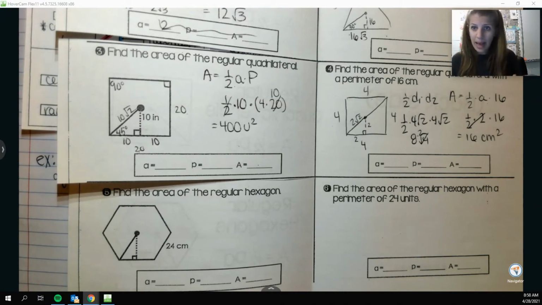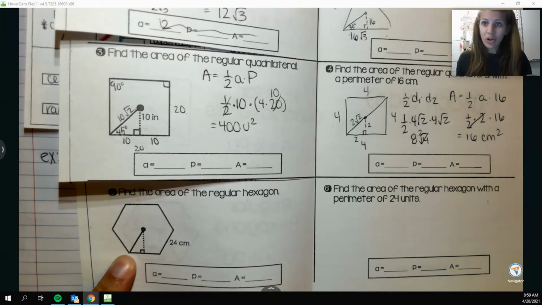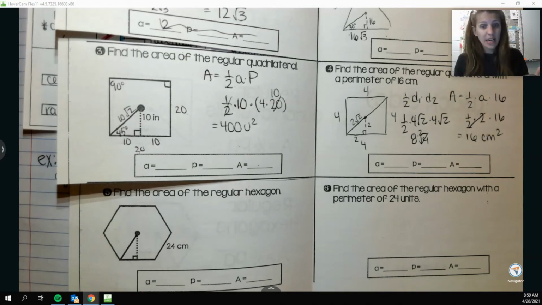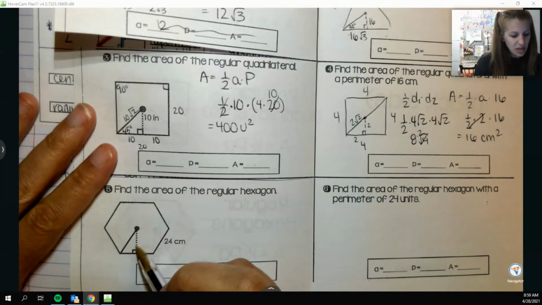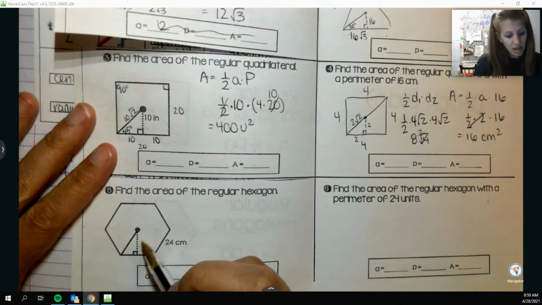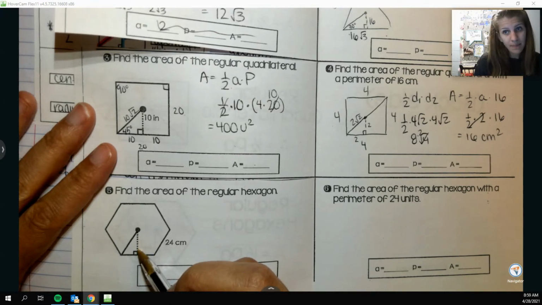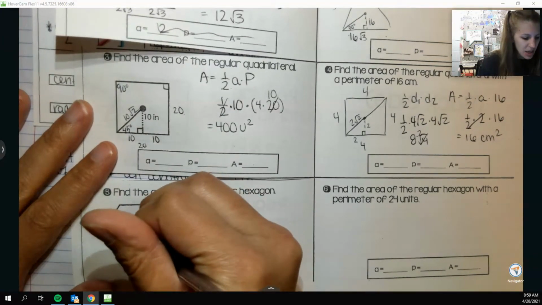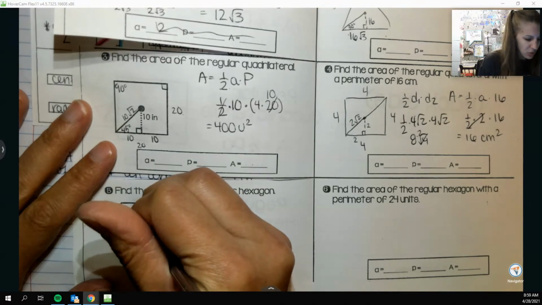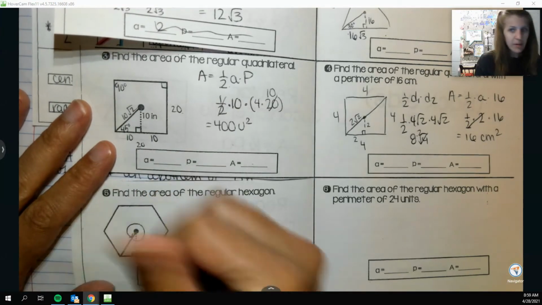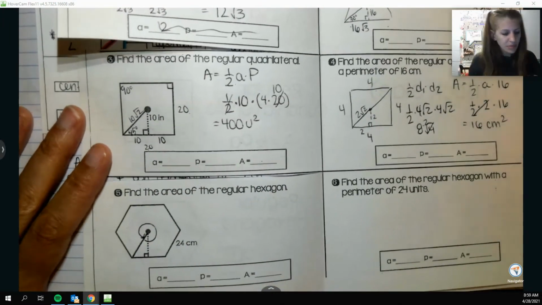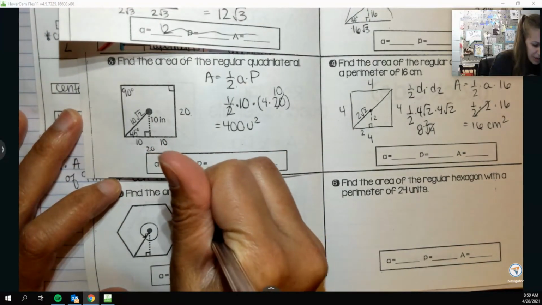So another way to figure out what your corner angle is, or what the angles are in this little mini right triangle that makes up the apothem, is by considering what we call the central angle. Going around the center, I have 360 degrees.